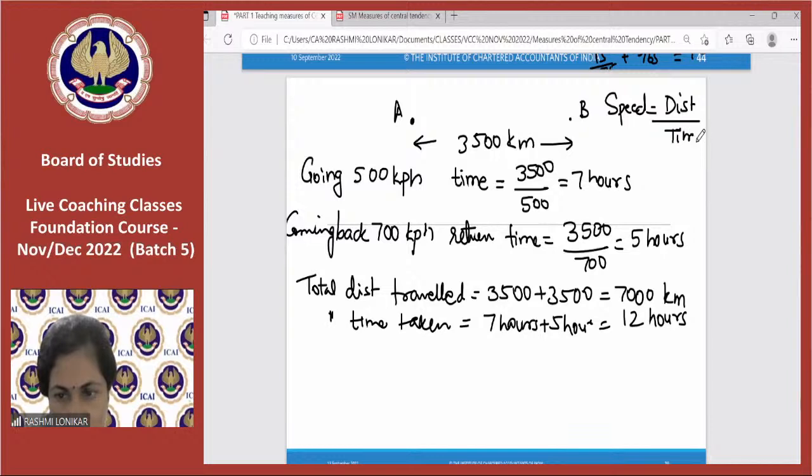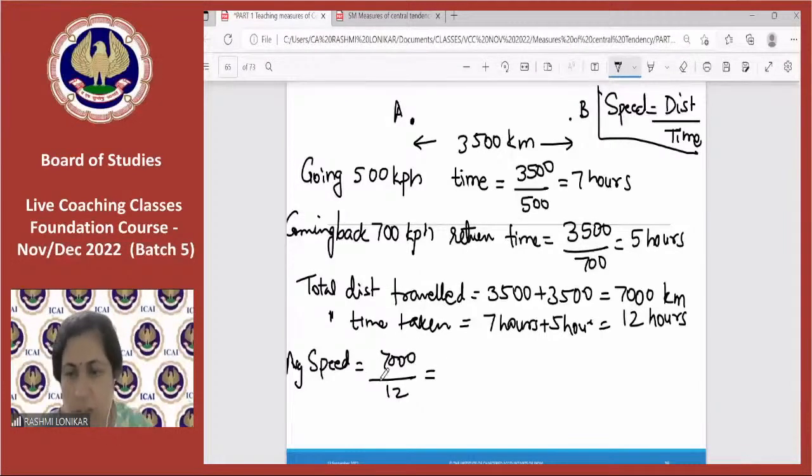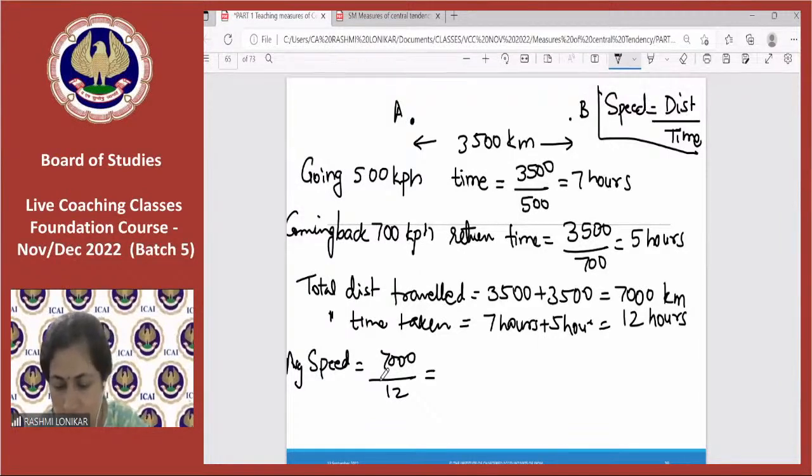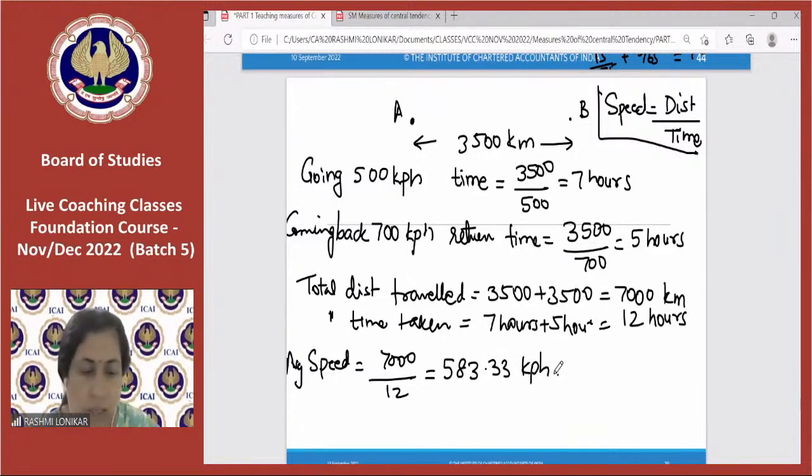Okay, I hope you all remember this formula. So average speed will be how much? 7,000 upon 12, distance upon time. So 7,000 divided by 12, answer is 583.33 kilometers per hour. Is that clear?